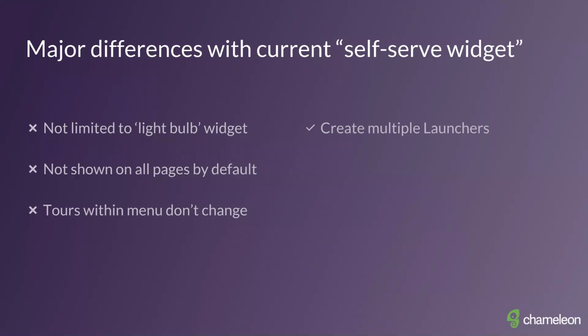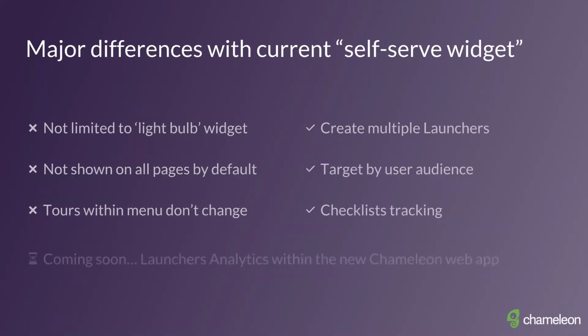What you can do with launches compared to the self-service widget is create multiple launches. So you can have different use cases for different goals. You can, like I mentioned, target by the audience, and you can have tracking and completion around checklists. So these are some of the major differences the launcher has compared to the self-service widget.